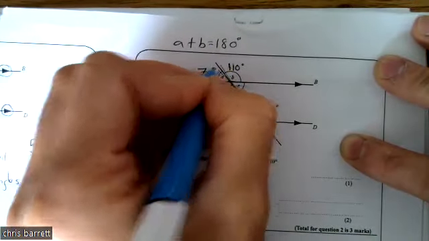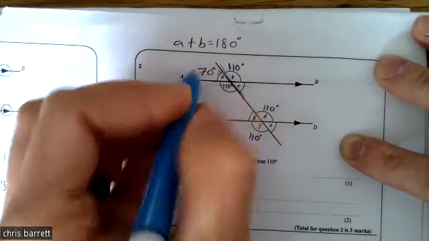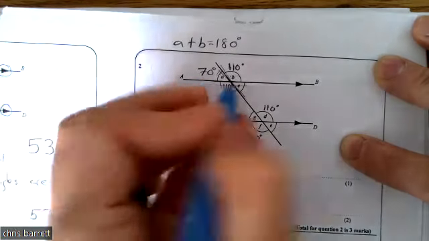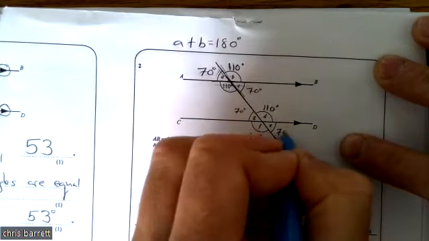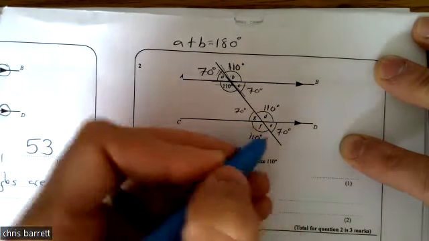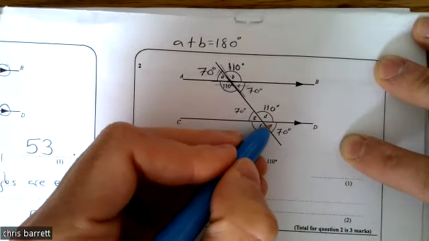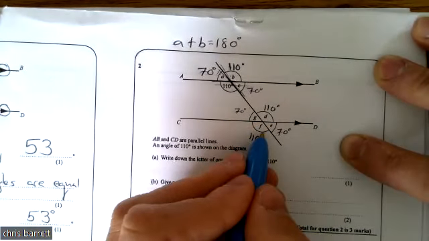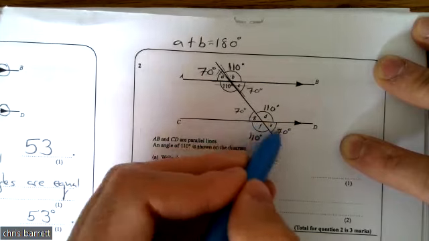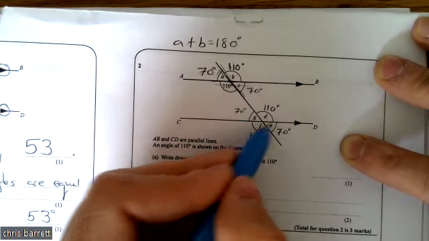I now know, because these two equal 180, that's 70, meaning that's 70, that's 70, and that's 70. And we can see that the pairs 180, 180, 180, 180, vertically opposite are equals.